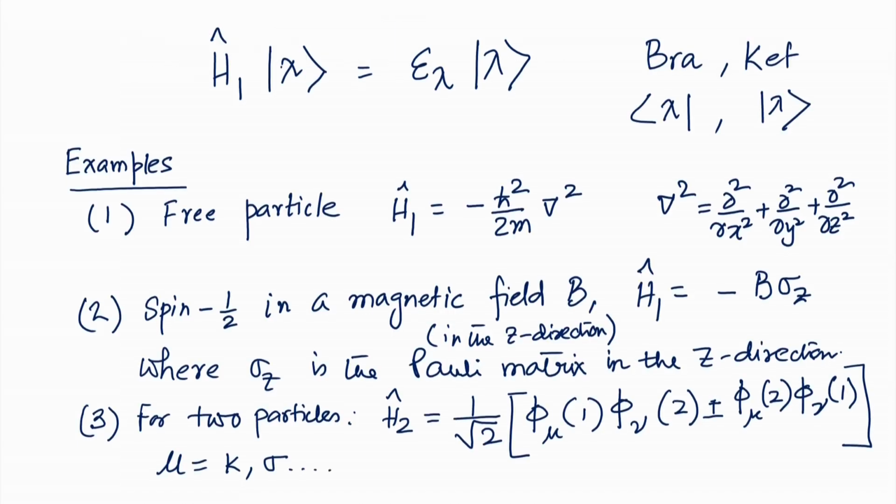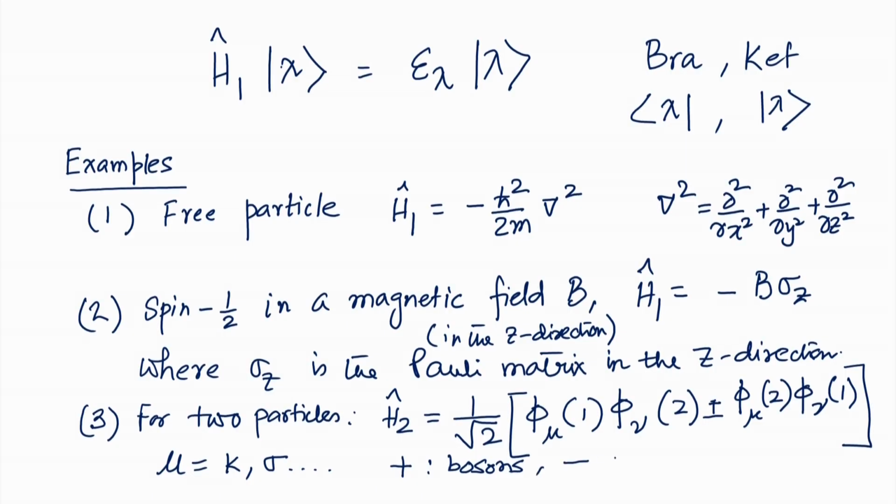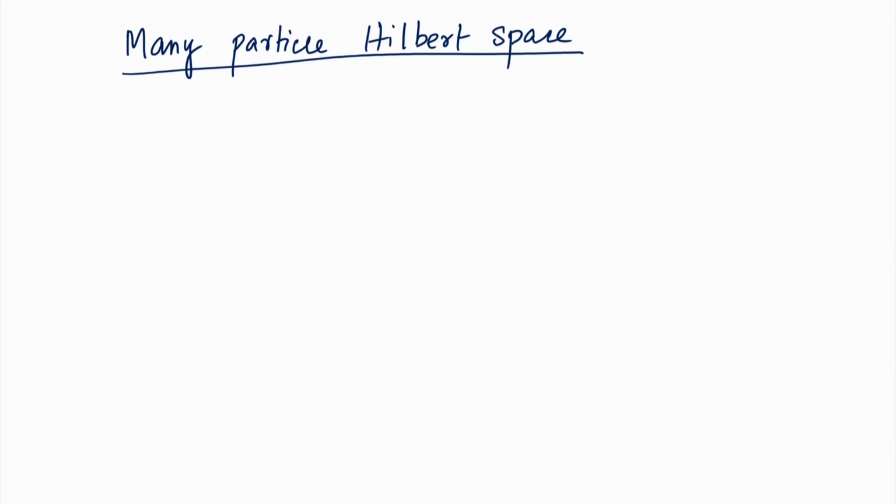Before we proceed, we have put a plus and a minus sign, and we wish to assert that this plus sign is for bosons, after an Indian scientist called S.N. Bose, and the minus sign is for fermions, named after the scientist Enrico Fermi.